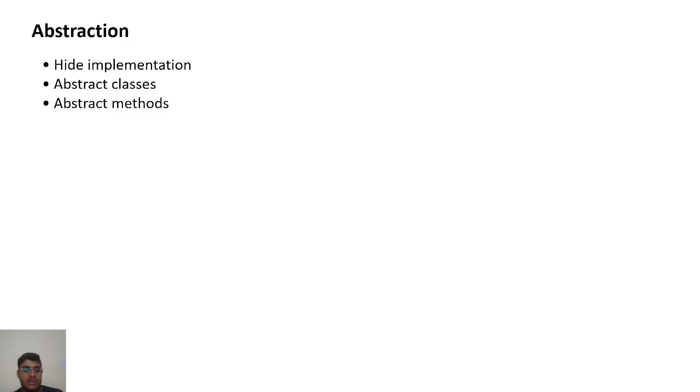Abstraction hides the implementation details. It shows only the essential features. Abstract classes are created using ABC. Abstract methods are decorated with abstractmethod. Abstraction makes programs simpler and easier to maintain.